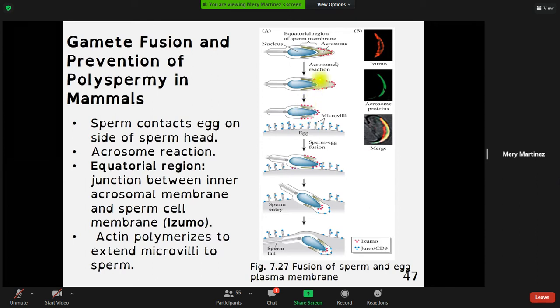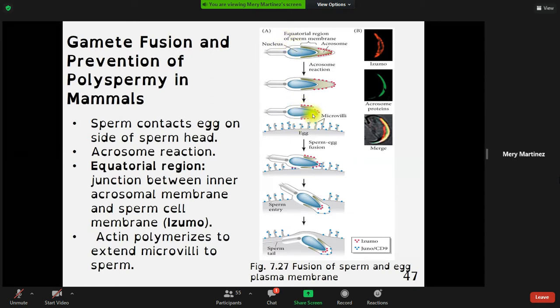So we have a degradation of the membrane. Remember the video? The person said that we're going to start removing stuff from the membrane to allow this reaction. Okay. So the junction between the inner acrosomal membrane and the sperm cell membrane is what we call the equatorial region, and is where the membrane fusion between the sperm and the egg begins.